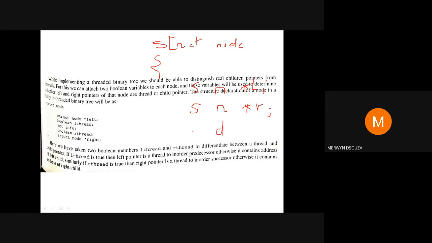This data could have been character or it could have been int. So let's say it was character. So the structure for a node for a binary tree was pointer to the left child, pointer to the right child, and a data value.